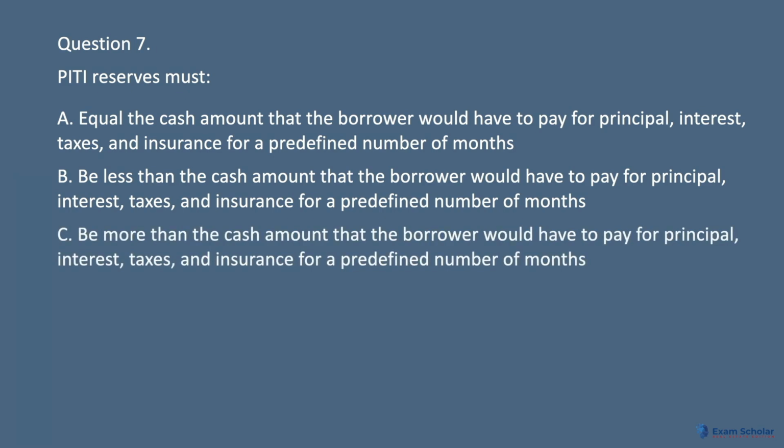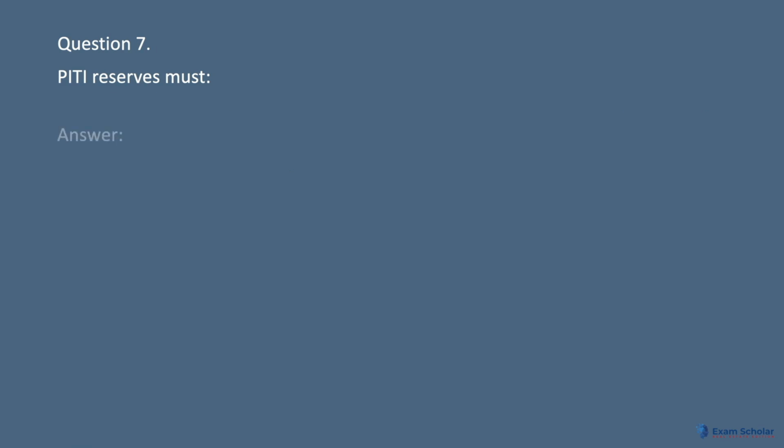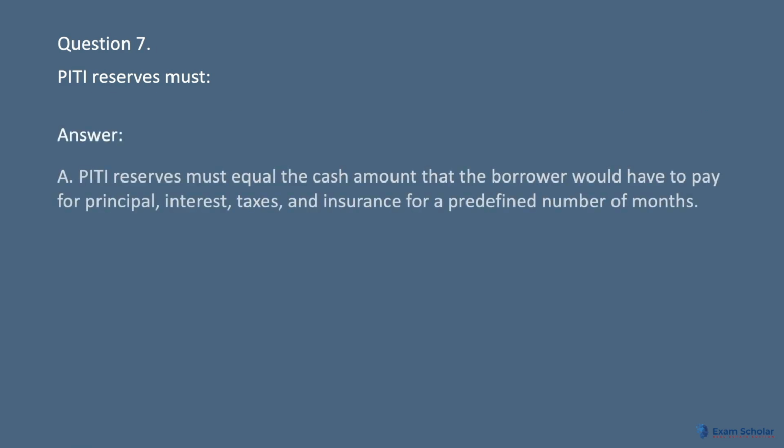C. Be more than the cash amount that the borrower would have to pay for principal, interest, taxes, and insurance for a predefined number of months. D. Be excluded from the cash amount that the borrower would have to pay for principal, interest, taxes, and insurance for a predefined number of months. Answer: A. Petty reserves must equal the cash amount that the borrower would have to pay for principal, interest, taxes, and insurance for a predefined number of months.